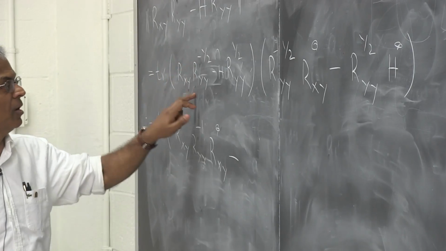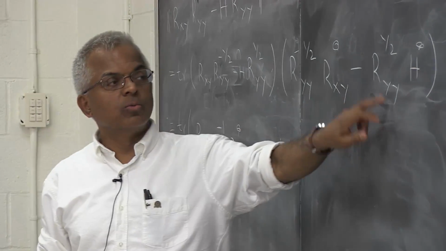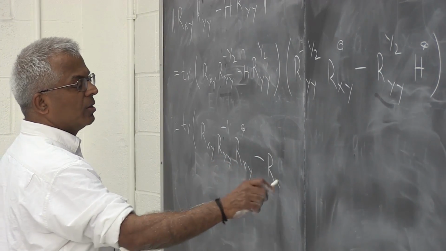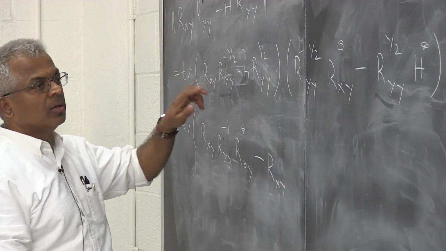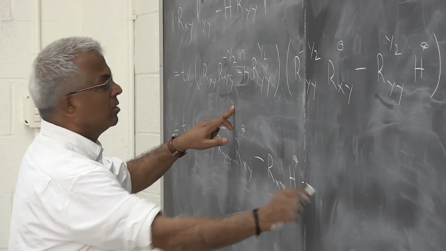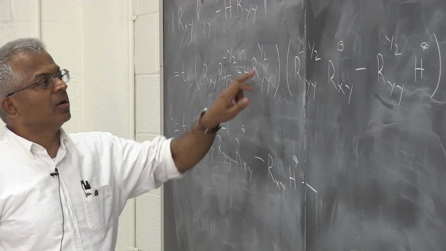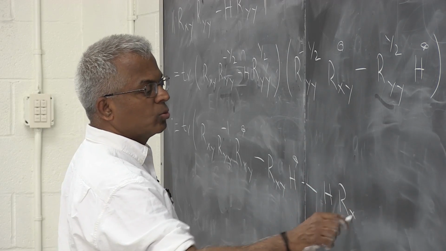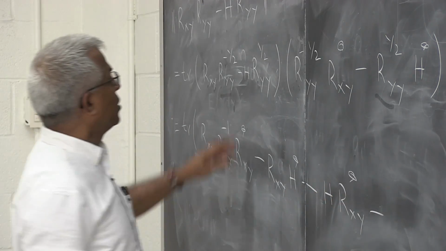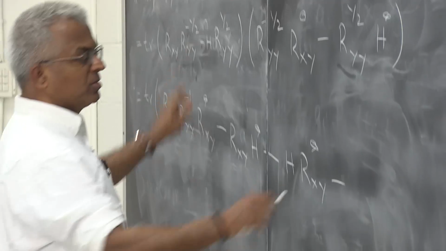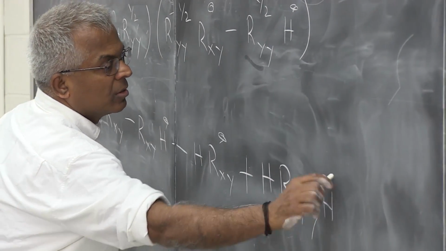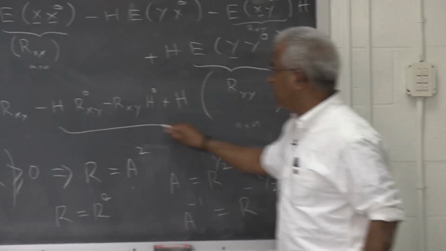Here you have RYY, RYY, plus and minus. So you get RXY H star. And look here, this and this will cancel, so I get H RXY star. And the last term is minus minus plus. You get RYY H star. So now you can see, look at here, these three terms are there.